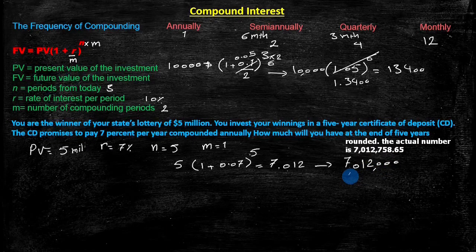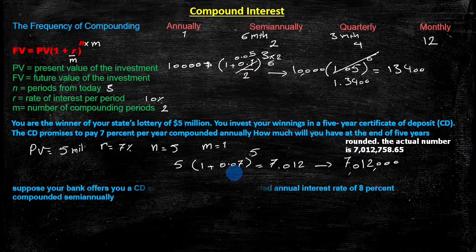So your 5 million with a 7% interest compounded annually after 5 years, you will end up with $7,012,000. Simple enough. If it was compounded semi-annually or quarterly, again, we would just adjust our R and N. And if it's quarterly, we just multiply by 4, and this one divide by 4.